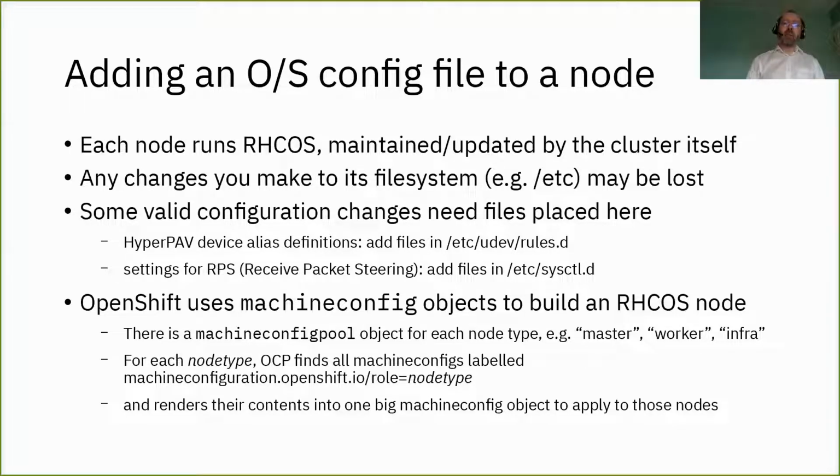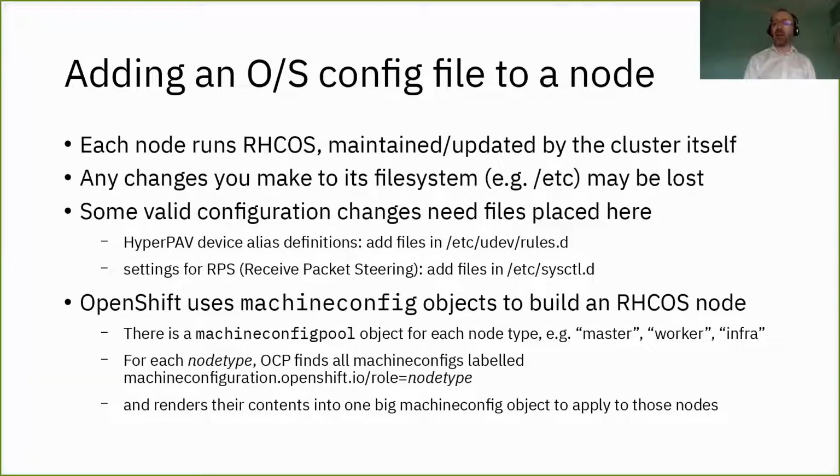Okay. So for some of these configuration things, you need to go and add a configuration file to a node. You don't log into the node anymore. Well, not unless you're troubleshooting and you have to, and I'll cover that in a little while. So the node itself isn't running full fat traditional RHEL, it's running Red Hat CoreOS, and the cluster itself installs and manages that node. You don't have to log in and patch it and maintain it and look after it.